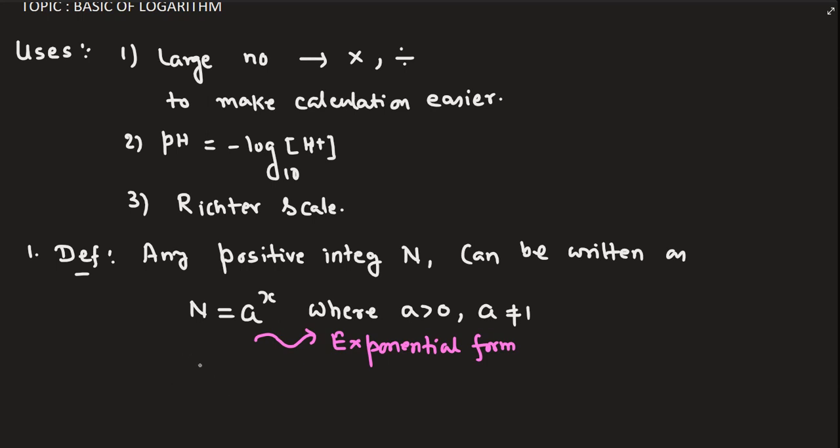If n is equal to a power x, then we can write log of n, with base a written just below the n, is equal to x. So logarithm of n to the base a is equal to x. This form is known as logarithmic form. It is the inverse of the exponential form.